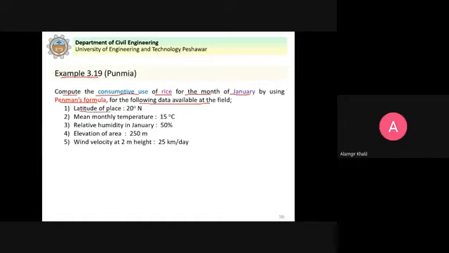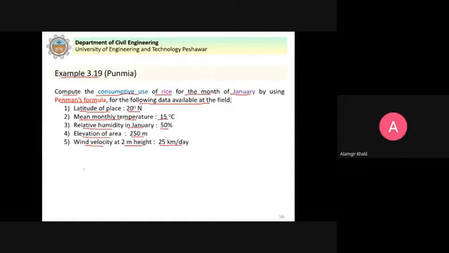Latitude of the place is 20° north, northern hemisphere. Mean monthly temperature is 15 degrees centigrade or Celsius. Relative humidity in January for that place is 50%. Elevation of the area is 250 meter, and wind velocity at 2 meter height is measured as 25 kilometer per day.